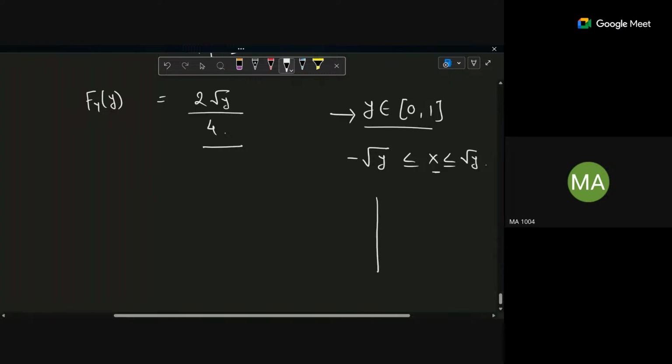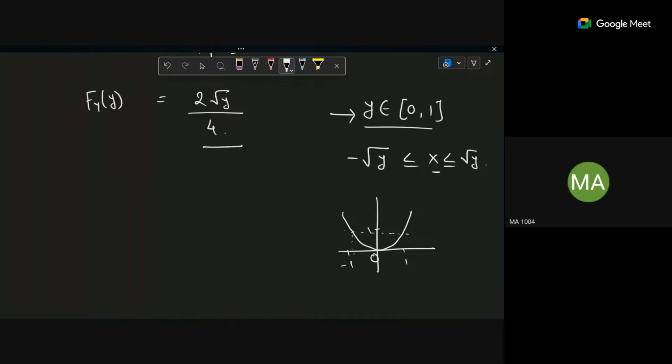So the function was x square, right? Once I draw the function x square, let's say 0 here and somewhere 1 here, y can be 1 whenever x takes minus 1 and 1. So I cannot skip minus 1. I should not integrate from 0 to square root y. Instead, I have to integrate from minus square root y to square root y, right?